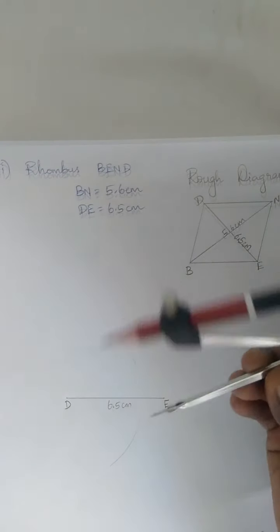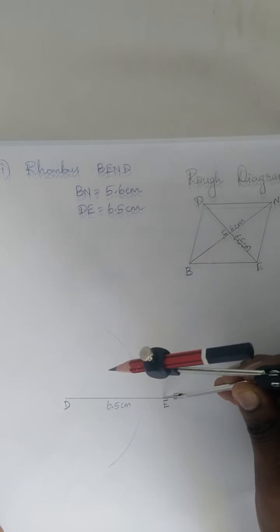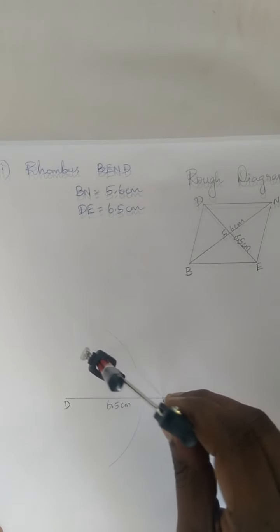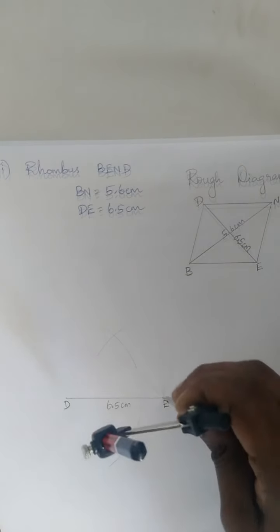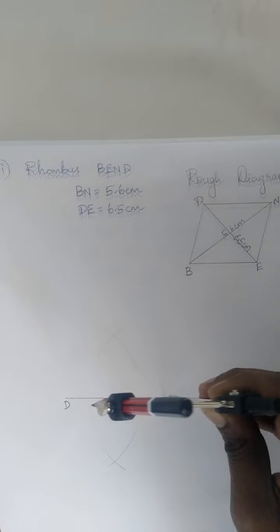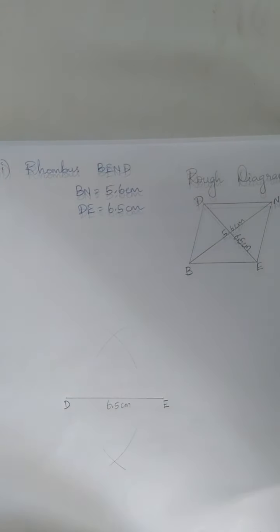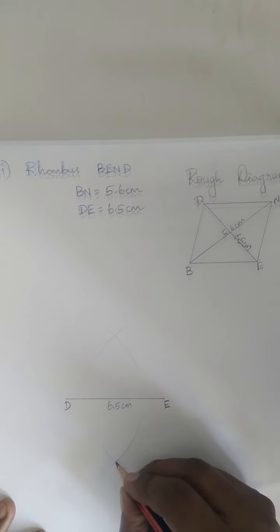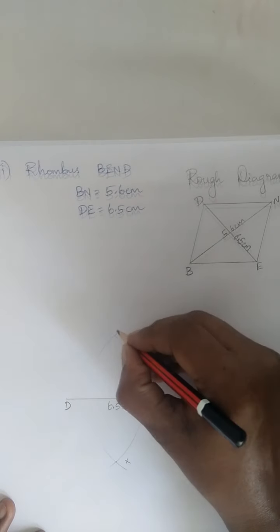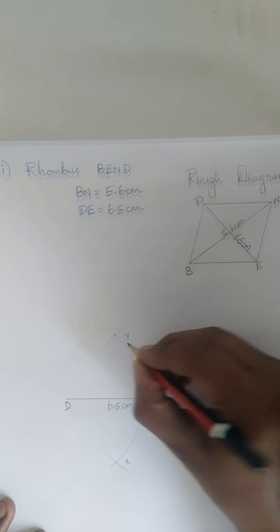Then without changing the radius, from E make one more arc above and below the line segment DE, and you are getting 2 intersecting points here. Let's name this point X and this Y.